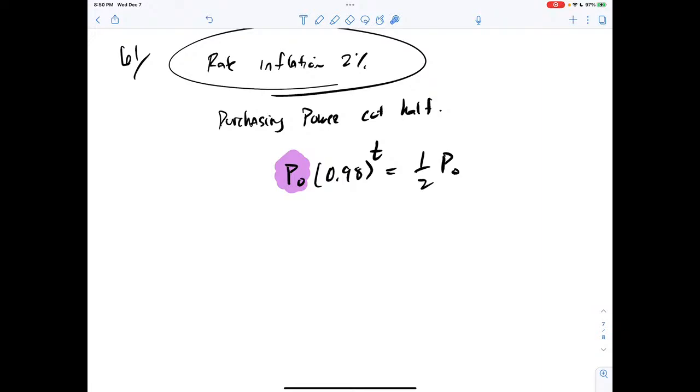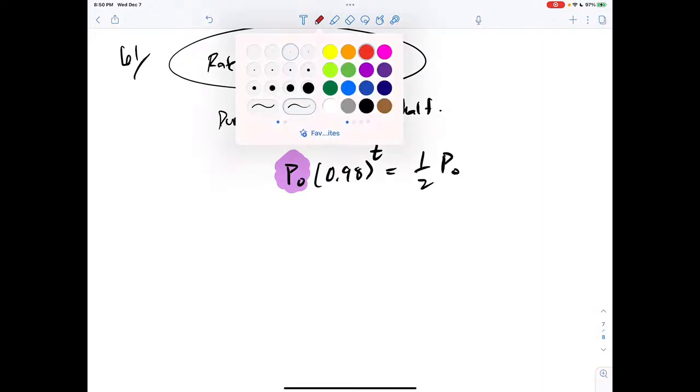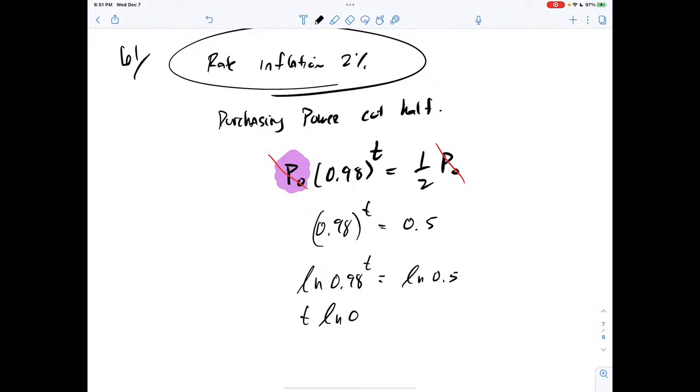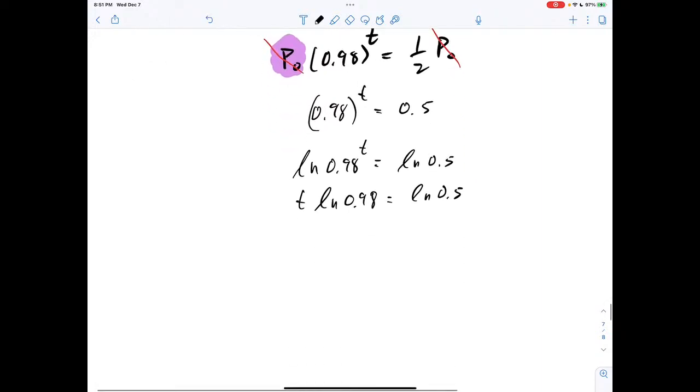All right. So just like what we did with doubling your investment, those cancel. That didn't matter. And now you're just solving this equation. So then you take the ln of both sides. You could take the log of both sides too, by the way. Doesn't matter. That T drops down. And so the answer is ln of 0.5 over ln of 0.98.